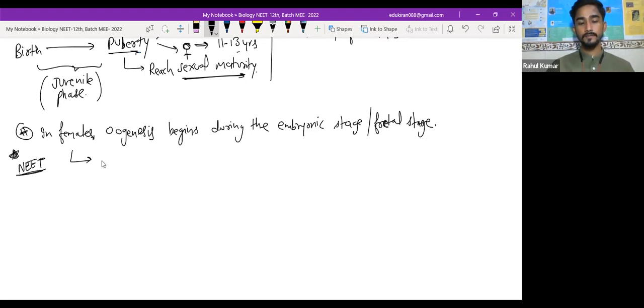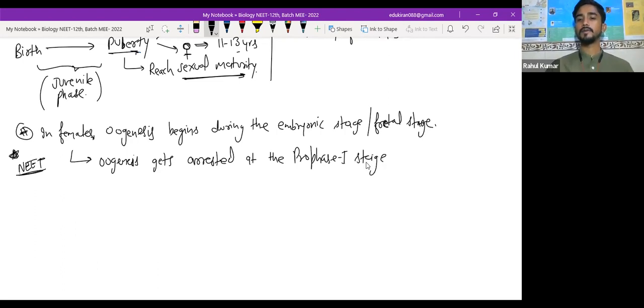The oogenesis gets arrested, or gets paused or stopped, at the prophase 1 stage of meiosis 1. We will come back to this statement when we do the female system oogenesis, but just remember it.